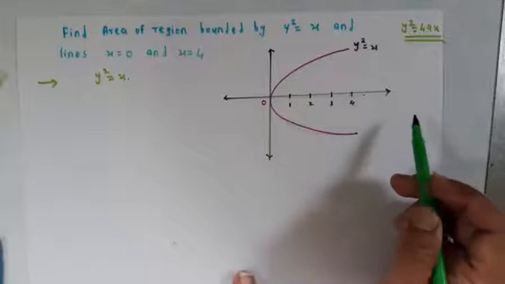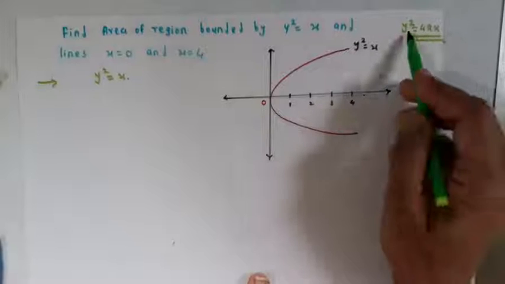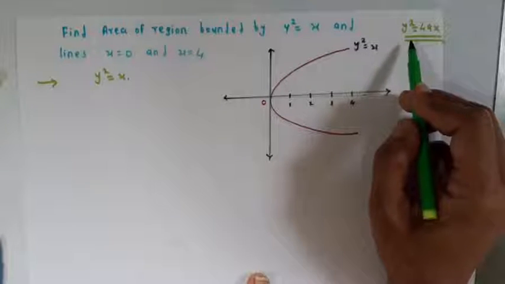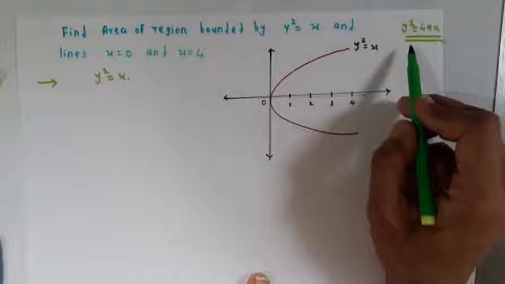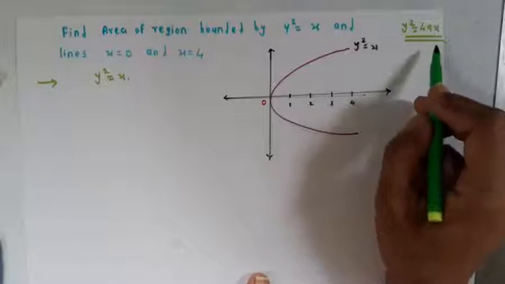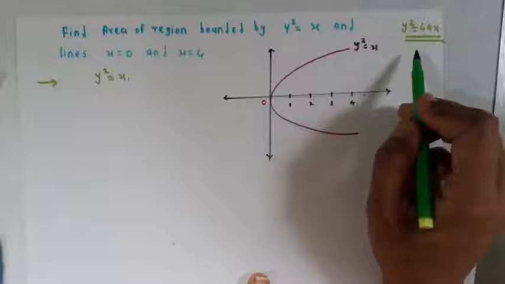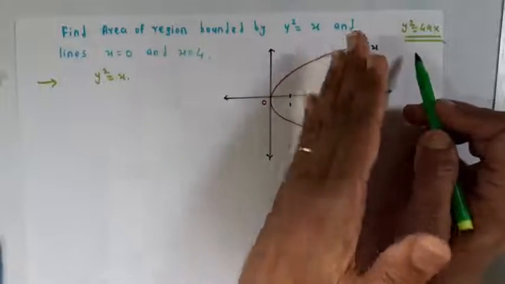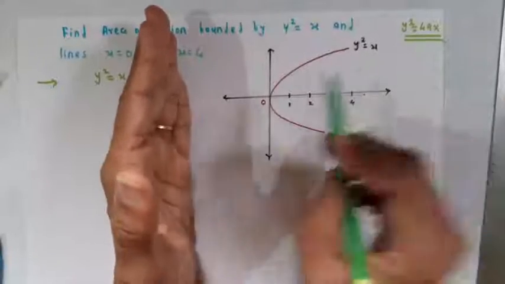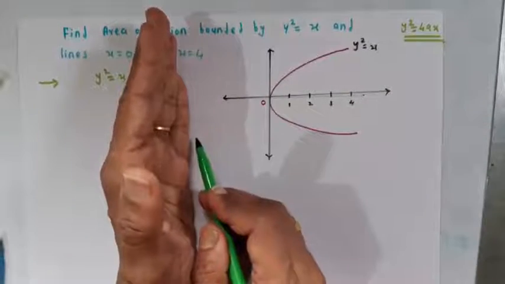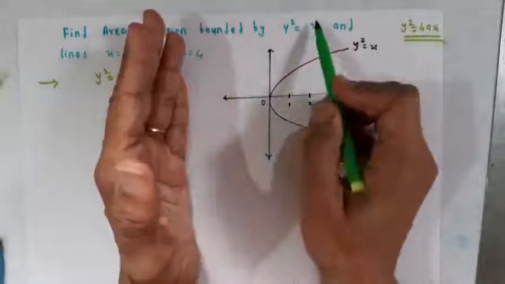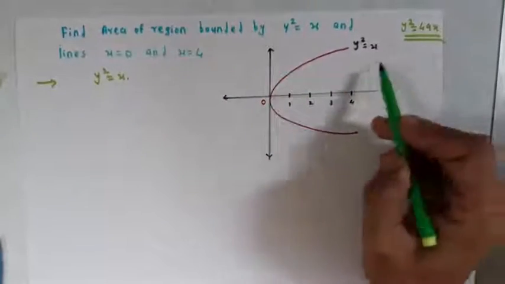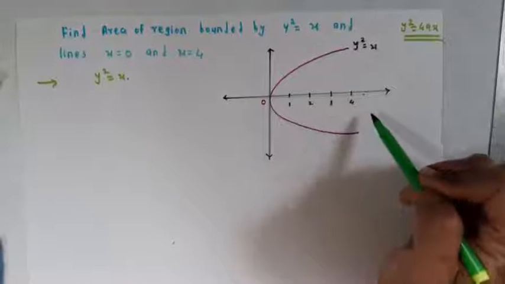There are 4 types of parabola: y square equal to 4ax, y square equal to minus 4ax, x square equal to 4by, x square equal to minus 4by. So this is along the x-axis, y square equal to minus 4ax along the negative x-axis, then along the positive y-axis, and along the negative y-axis. So this is the parabola along the positive x-axis.